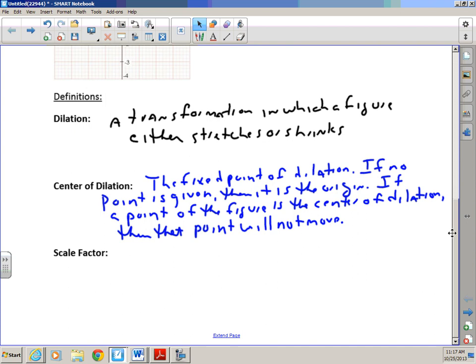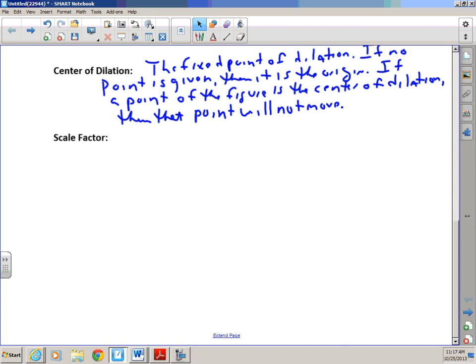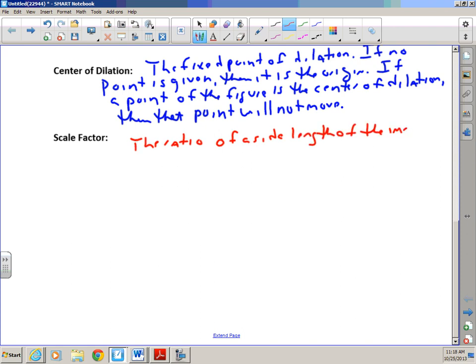Now, the terminology used for a dilation is what's called the scale factor. The technical definition of scale factor is the ratio of a side length of the image, and hopefully you'll remember that ratio means to compare numbers using division, to the corresponding or matching side length of the original.